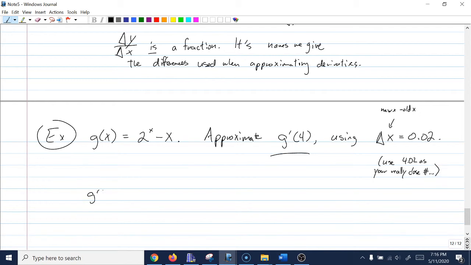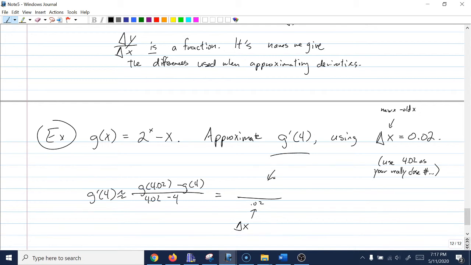So g prime of 4 is about g of 4.02 minus g of 4 divided by 4.02 minus 4. This number on bottom is 0.02, which is what it should be because that was delta x.